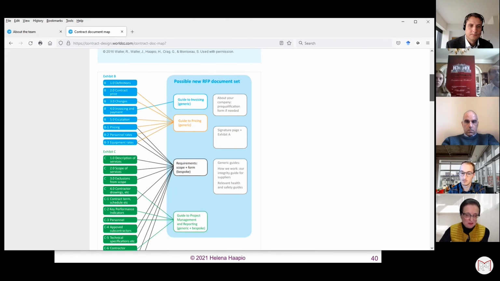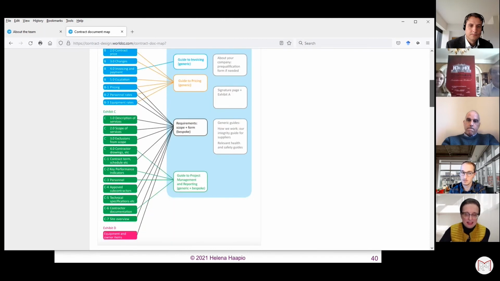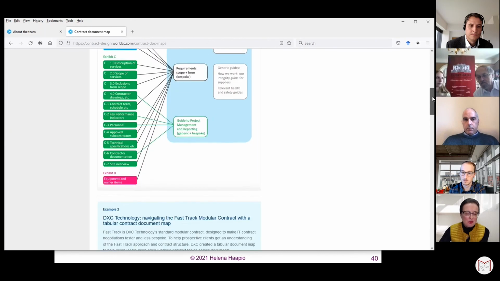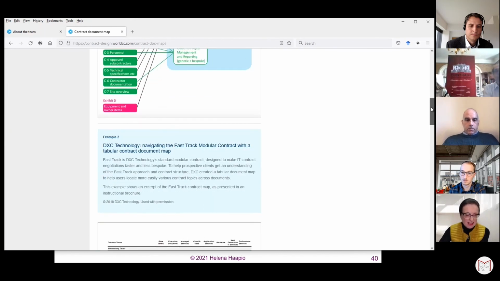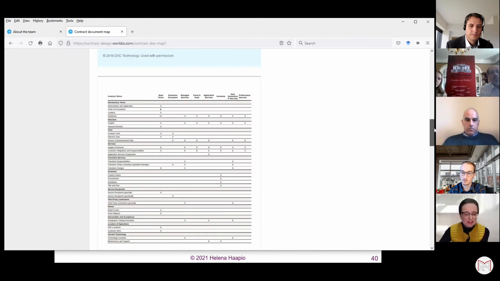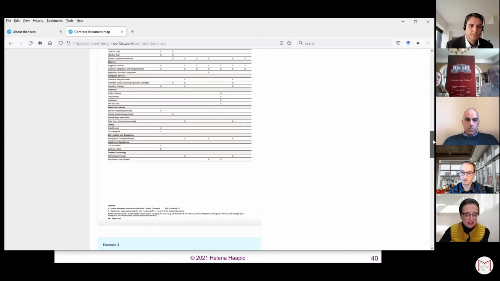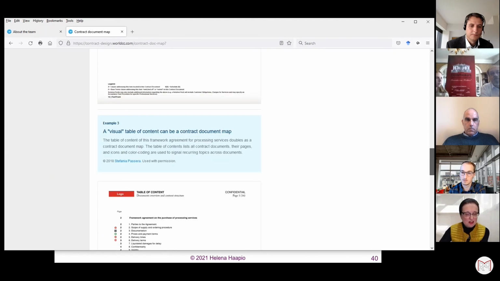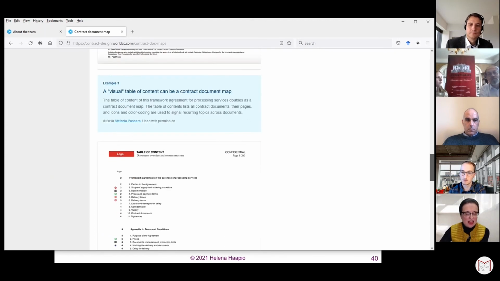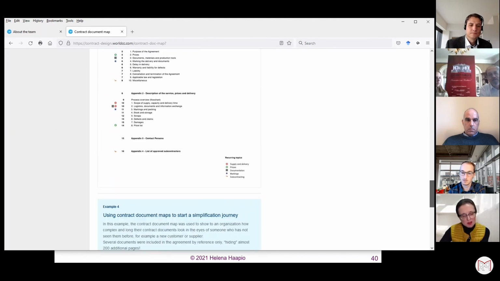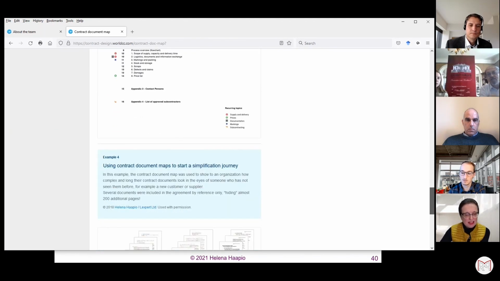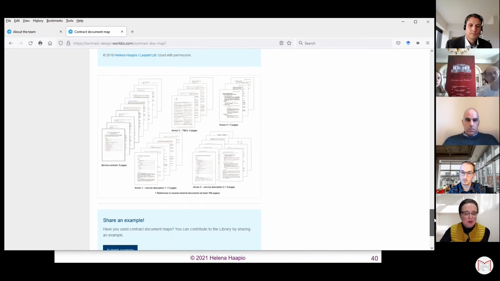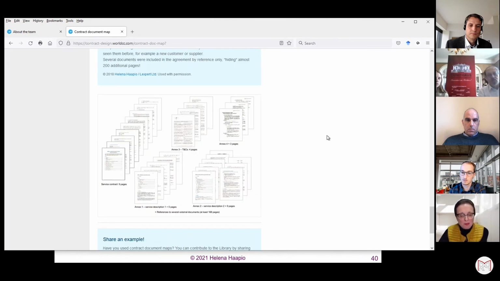Genre shifting, moving from complicated legal rules to user guides. You can see different ways of using simplification and structuring in contracts and about contracts, even a table of contents with color coding.